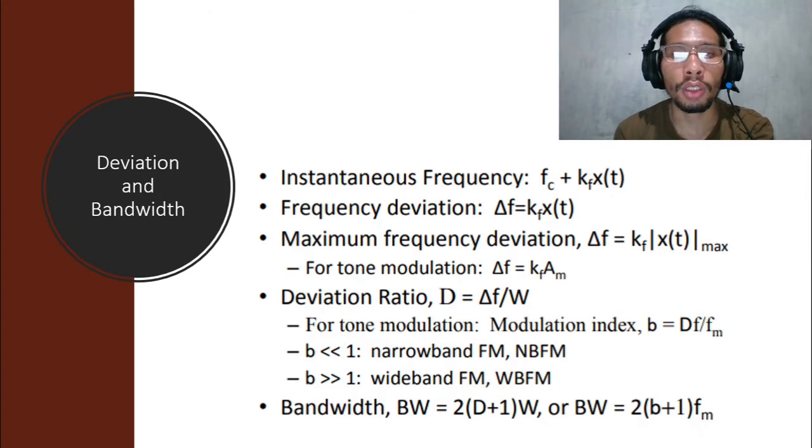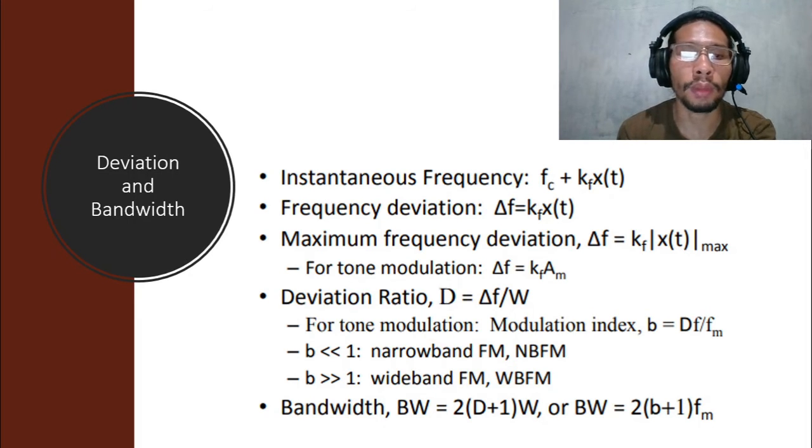For tone modulation, delta f is equal to kf times the amplitude of the modulating signal. Deviation ratio will be equal to D, which is equal to delta f over the maximum modulating frequency. For tone modulation, modulation index is beta, which is delta f over the frequency of the modulating signal.